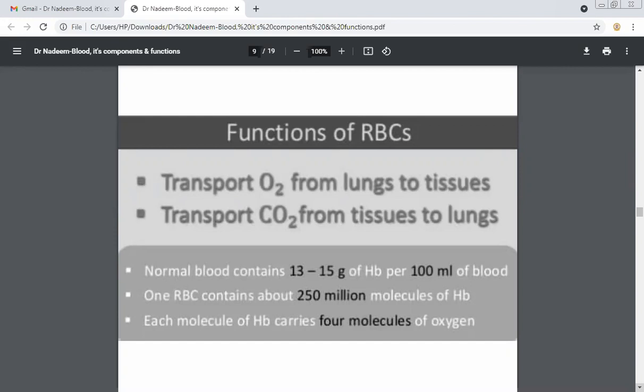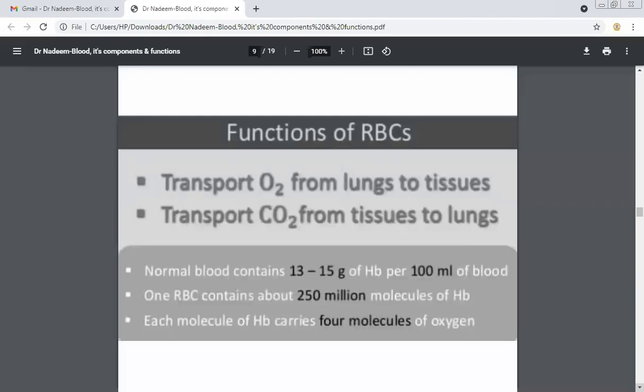What is the amount of hemoglobin per 100 ml of blood? That is per deciliter. Normal blood contains 13 to 15 grams of hemoglobin per deciliter. Per 100 ml or per deciliter, it is the same thing. One RBC contains how many molecules of hemoglobin? It is 250 million molecules of hemoglobin.